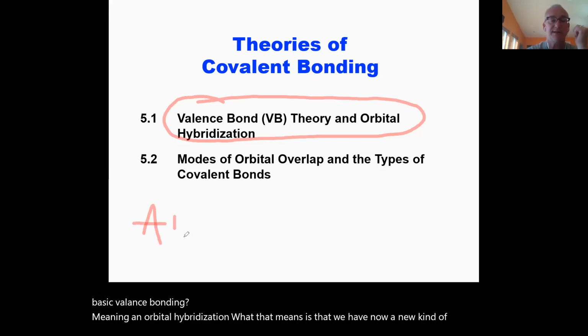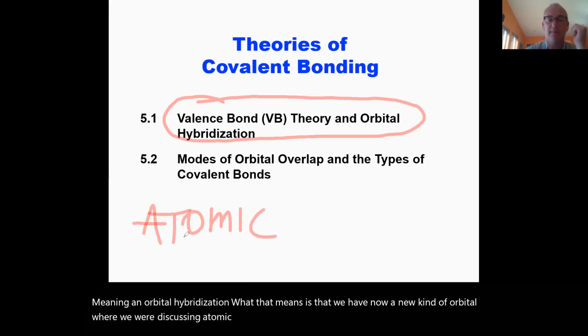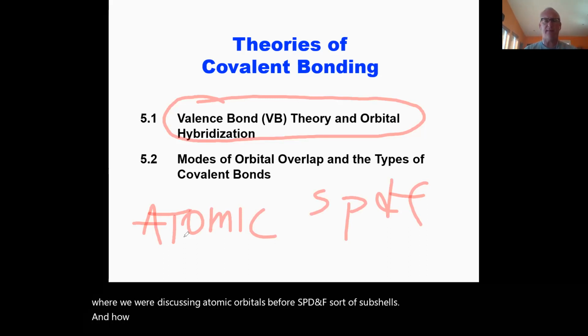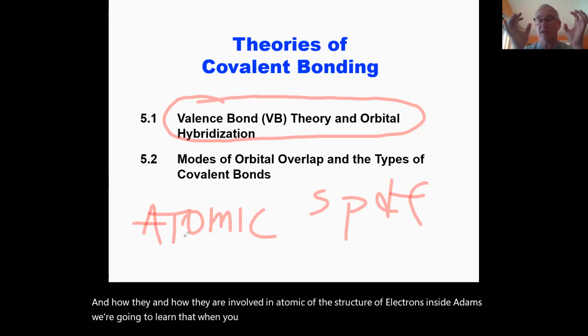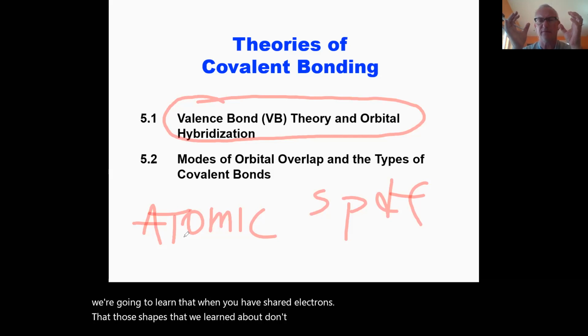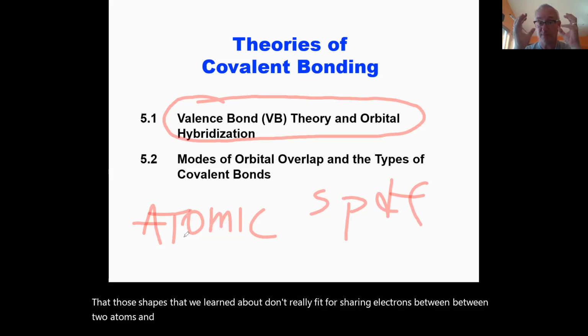We were discussing atomic orbitals before, the S, P, D, and F subshells, and how they are involved in the structure of electrons inside atoms. We're going to learn that when you have shared electrons, those shapes that we learned about don't really fit for sharing electrons between two atoms. And a lot of it has to do with the shapes that molecules have.